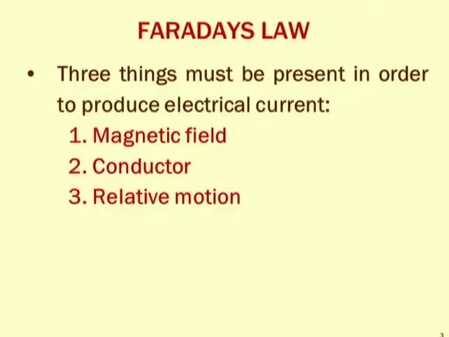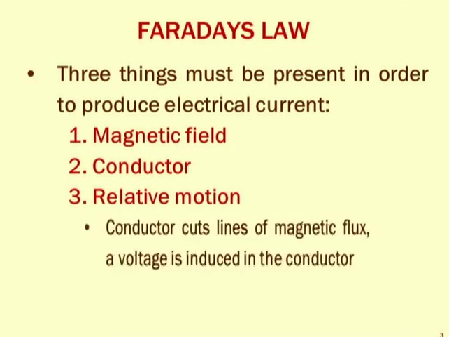So as in this slide, three different things, the magnetic field, conductor and relative motion, are essential as per Faraday's law. And we get the three-phase AC power using Faraday's law.